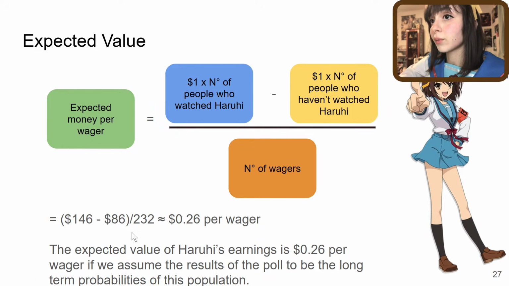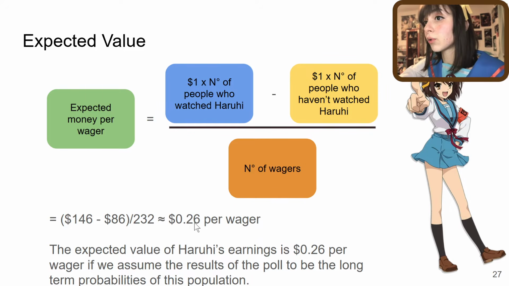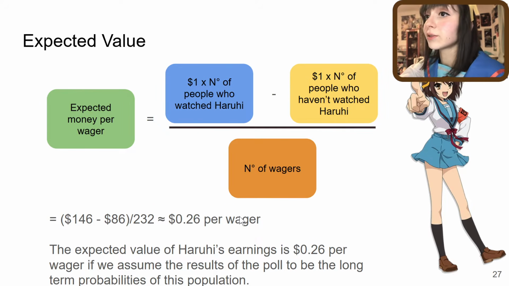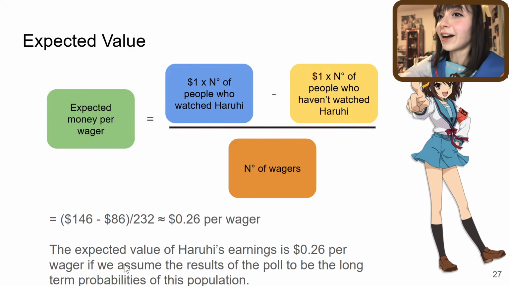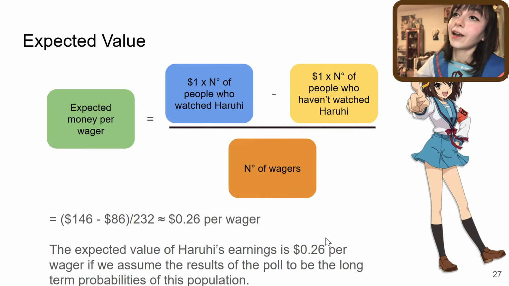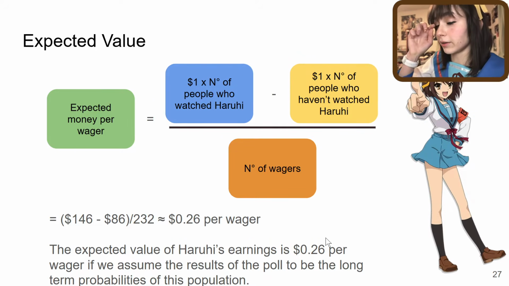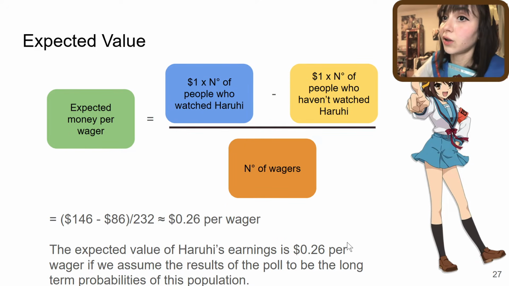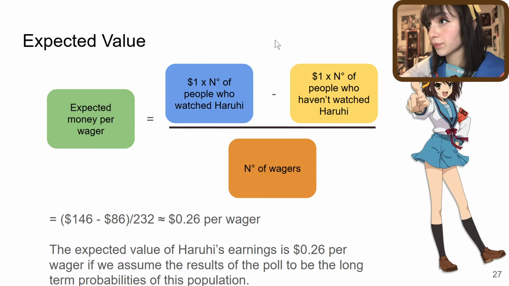We subtract that, we divide it by the total number of wagers, and we get that Haruhi is actually making 0.26 cents per each wager. So she is actually making money by making this bet with us. And yeah, she expects to win this much money per wager, again, if we assume that the results of the poll are representative of the long-term probabilities of this population.